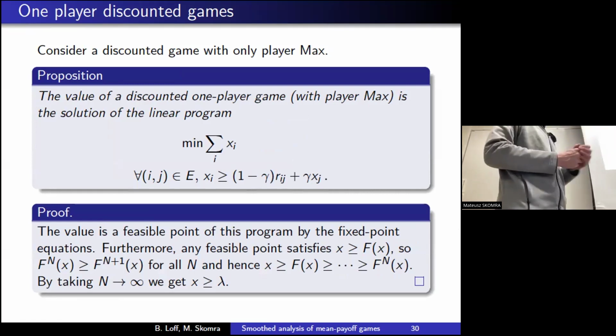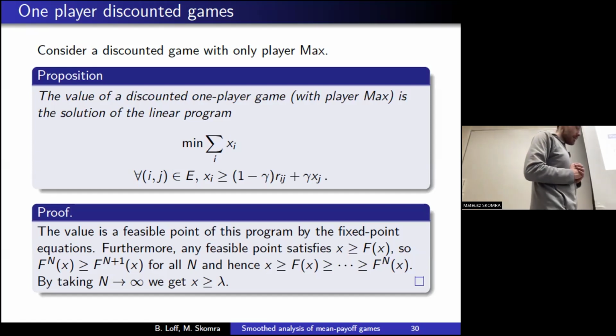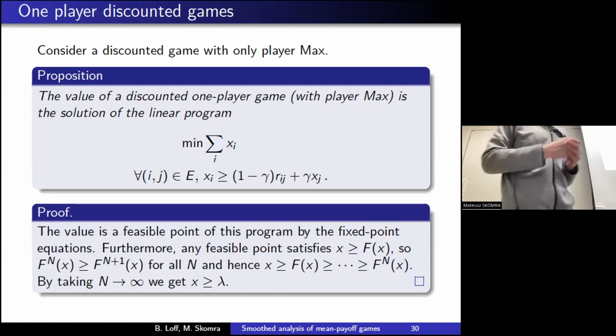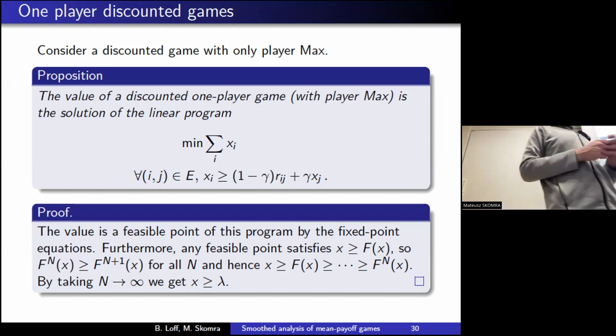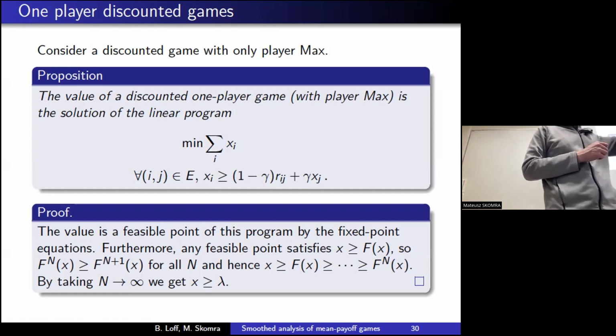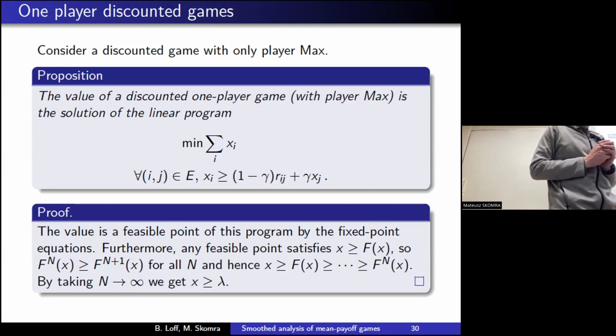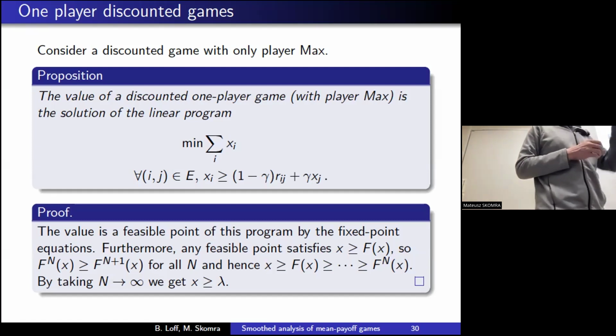So it's a very simple function that, given the state, tells you where you should go, and this should maximize the payoff. And we know that the value is characterized by the fixed point equations, but this time only with one player. So instead of having the equations containing both max and min, I only have the max. Now we will exploit the fact that we only have the max.